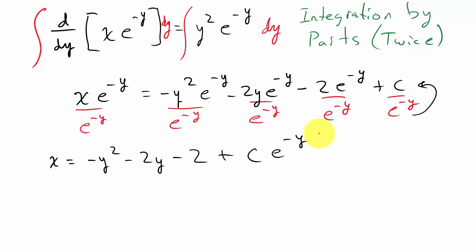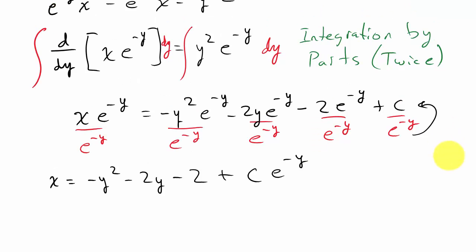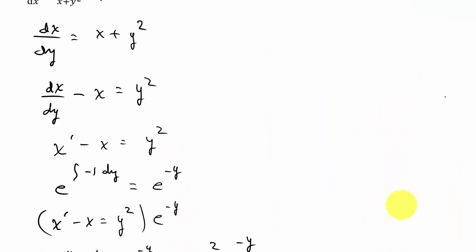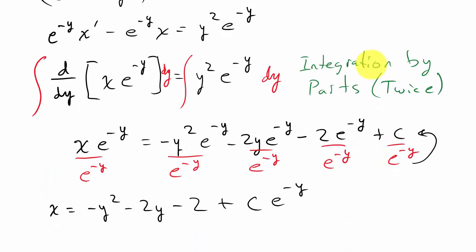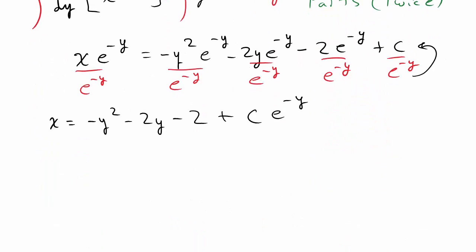Alright, so if you remember, we had a condition on this. Y of negative 2 is equal to 0. Alright, so let's come down here. I've got y of negative 2 equals 0. Alright, so here I have x is negative 2 and y is 0. Alright, so let's plug that in.